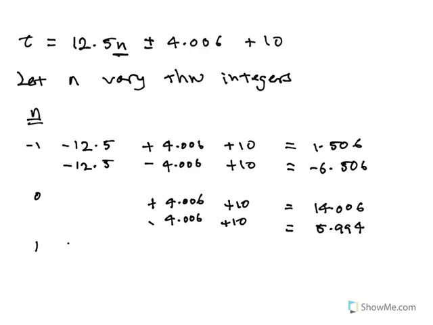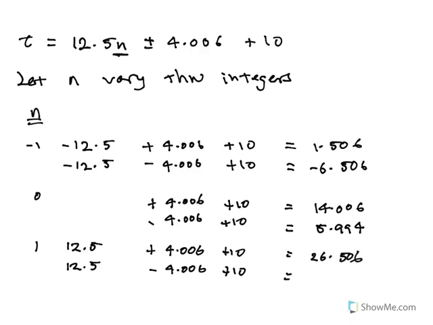I'll let n equal 1, so that's 12.5 plus 4.006 plus 10, and minus 4.006 plus 10. When I add, I get 26.506, and when I subtract, I get 18.494.